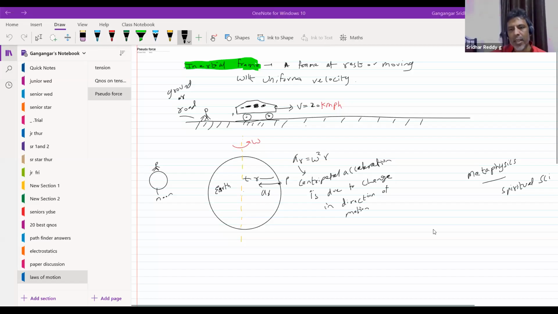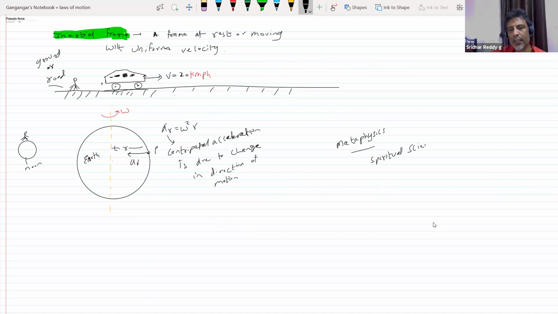It will link the spiritual science with physics using quantum mechanics. And it's at a very nascent stage, almost only 0.5% it has grown.